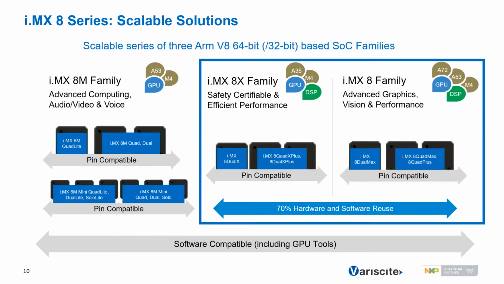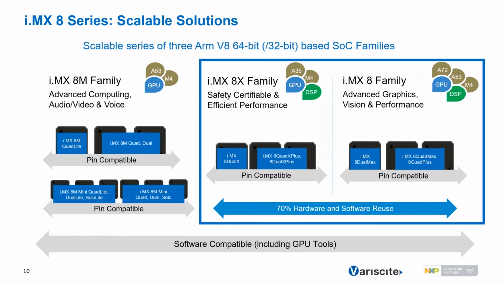As you can see on this slide, within the 8 and the 8X families, pin-to-pin compatibility has enabled companies like Variscite to efficiently build a scalable portfolio of products within the family. However, between the 8 and the 8X, because we have a 70% reuse of the hardware IP, this has enabled software reutilization with the same Linux and Android BSP still running across both of these families, and also the 8M family.